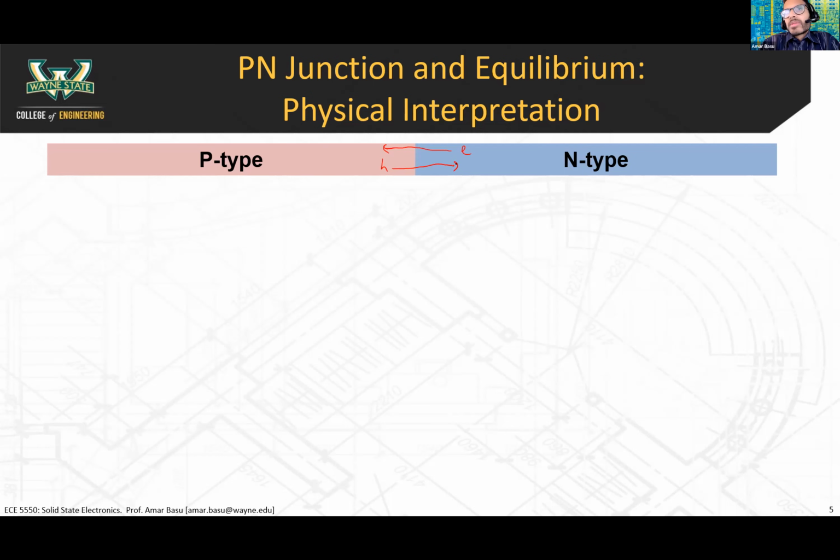There's light, I suppose. We're not shining light on the material, though. Even at room temperature, as Janan pointed out, there's some generation happening. Any other points we want to make about generation? Okay. So generation is happening.